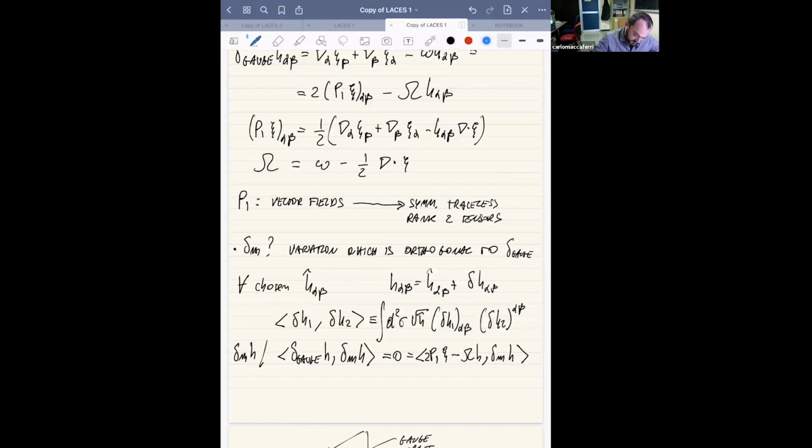The first, simple one comes from the Weyl part, and this gives the equation ĥ^{αβ} δ_M h_{αβ} equals 0. So I learn that moduli variations are traceless with respect to the chosen fiducial metric.